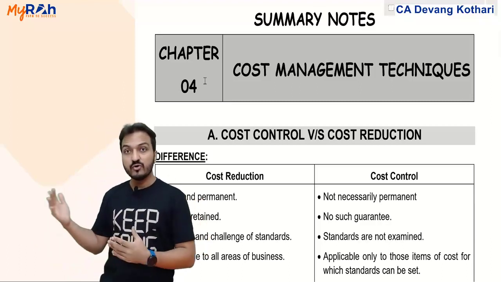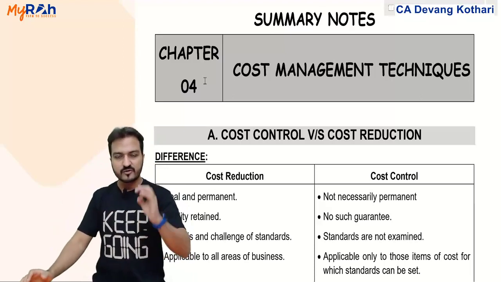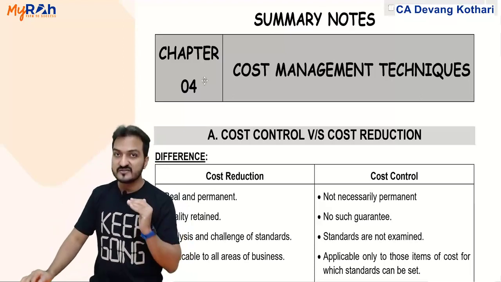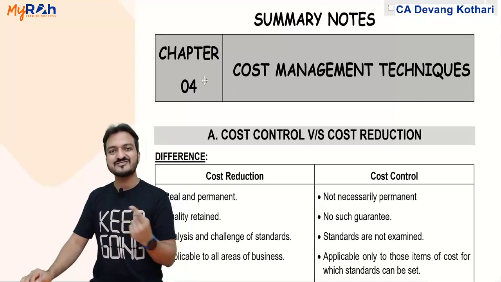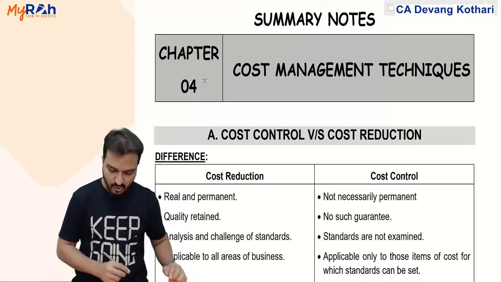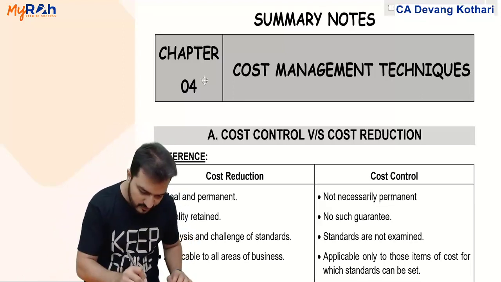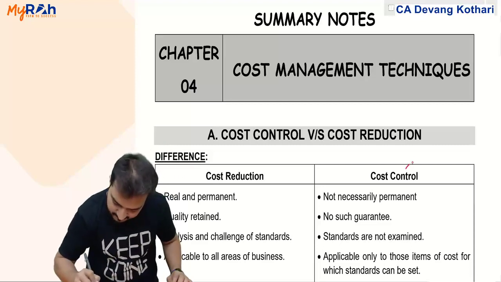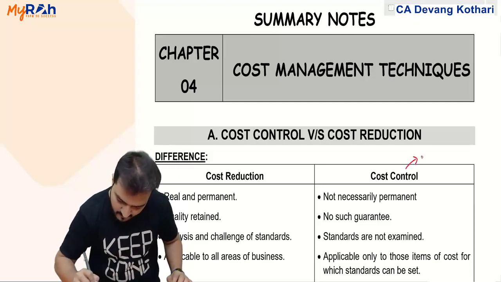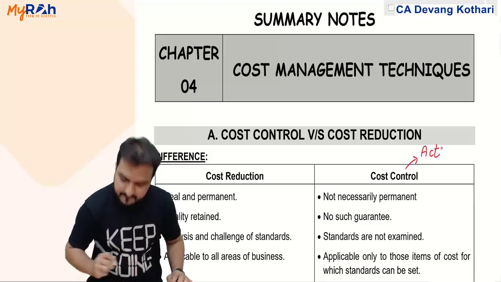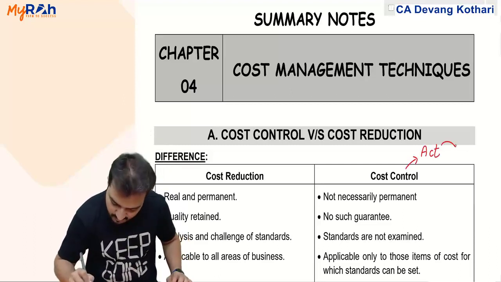What is that? Well, both of them indicate that you want to decrease the cost. But what is the difference? Difference is that cost control, remember, cost control means you want to decrease your actual cost and bring it down till the estimate.